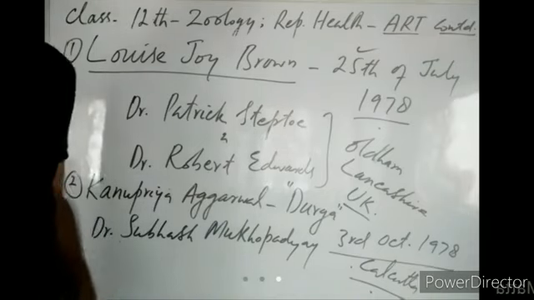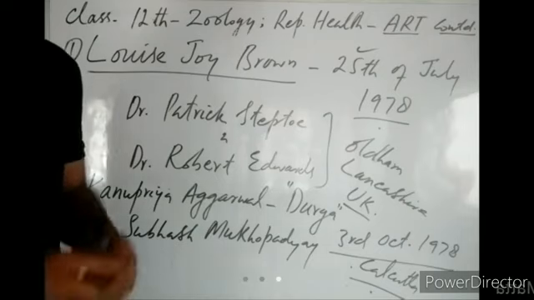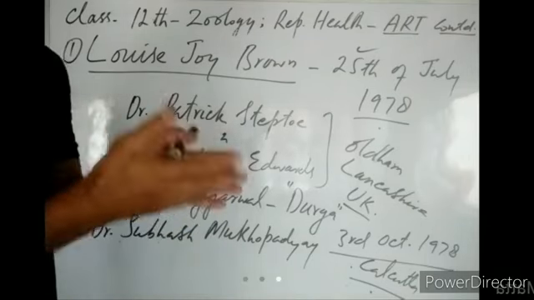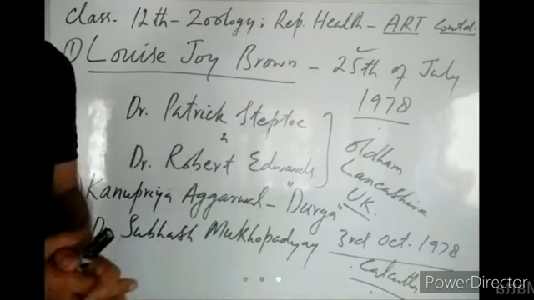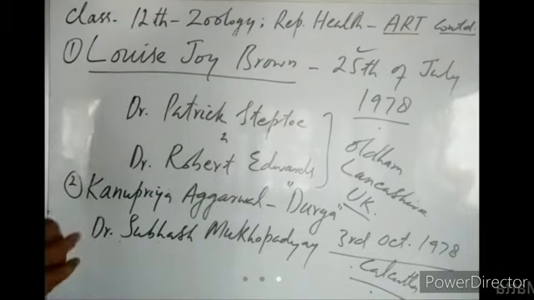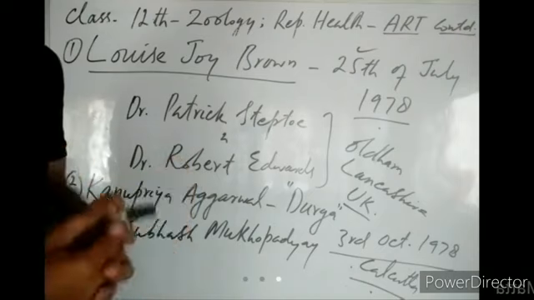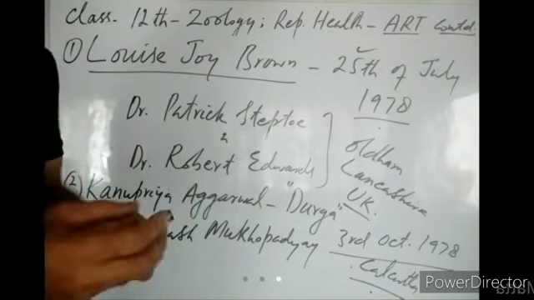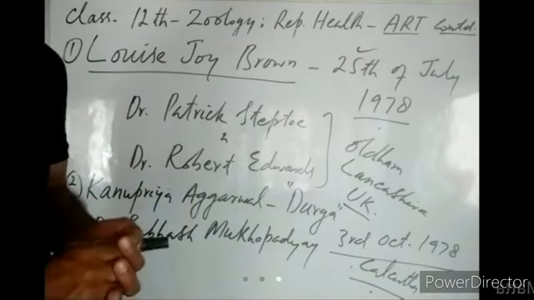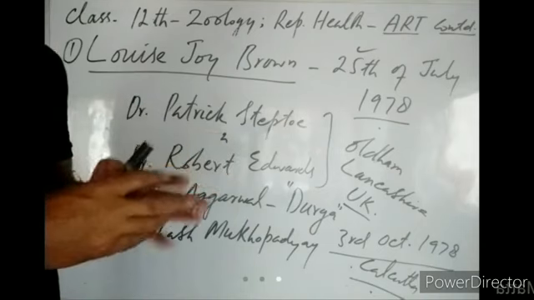In such cases, a surrogate mother may be used. A surrogate mother is a second lady who is hired, and after signing legal documents with her, the fertilized zygote or embryo may be implanted into her uterus. Where implantation occurs, the baby develops.